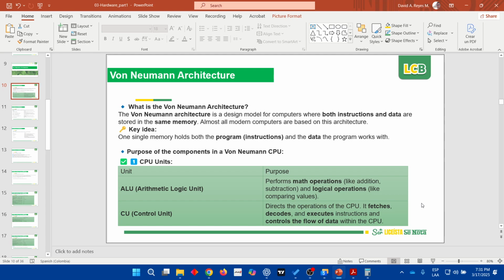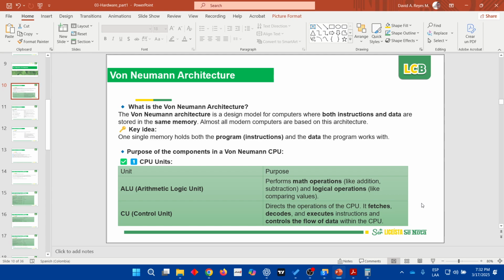Okay, so we have the control unit. In the control unit are the operations that the CPU is going to perform. The control unit fetches the information, the data, the operations, decodes that information, and executes it.